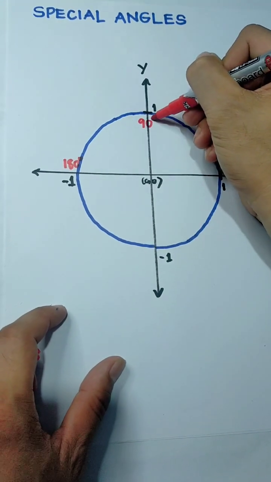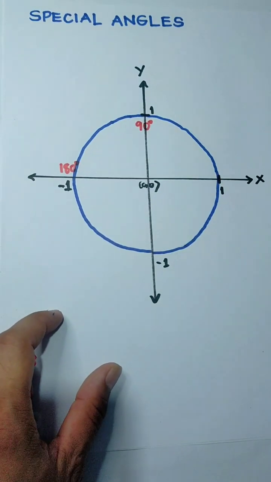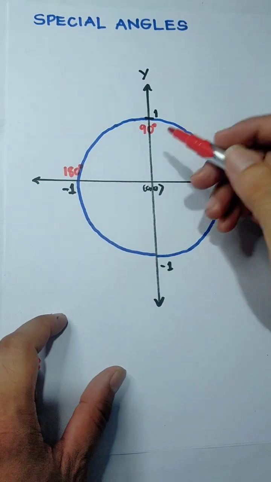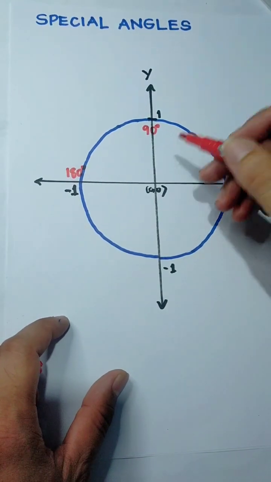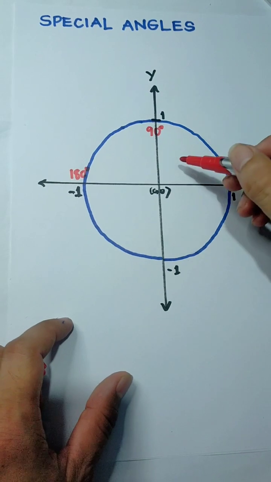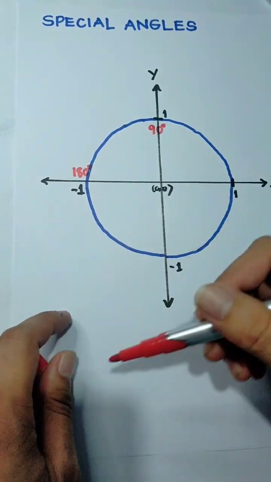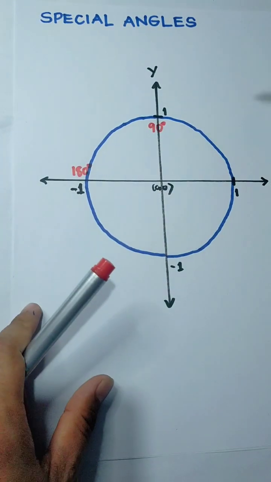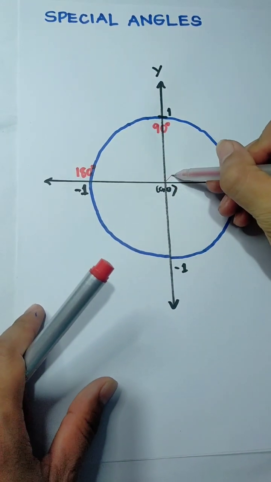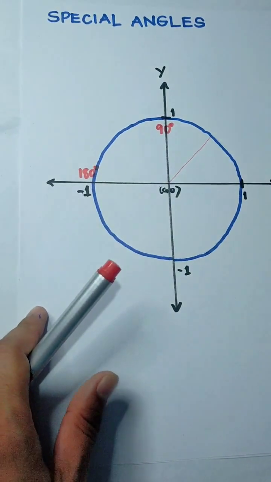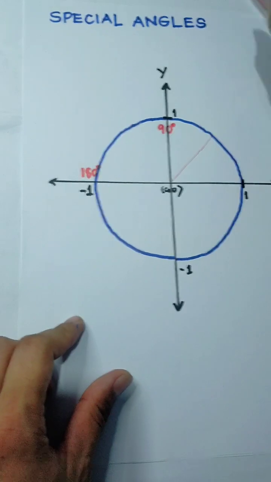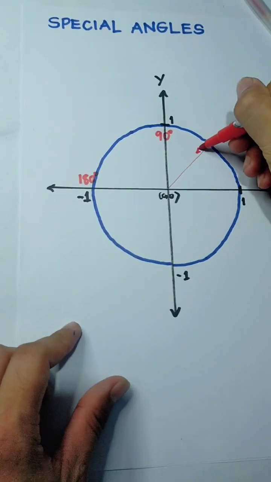It's 90 degrees. And if you divide 90 degrees by 2, then you will have an angle of 45 degrees. So this is our 45 degrees. Okay, there you go. That's 45 degrees.